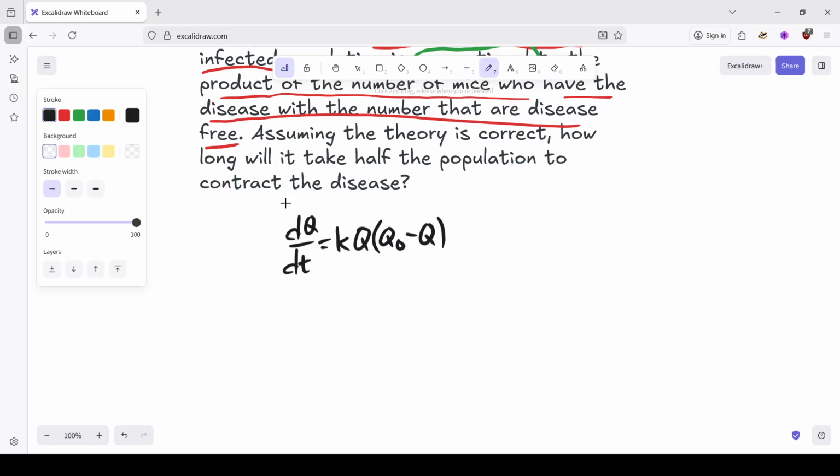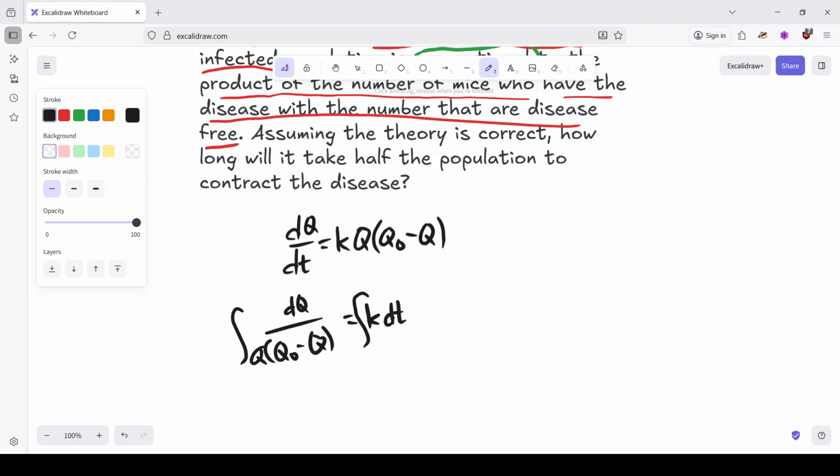So, this is Q, this is Q, this is Q, this is Q. So, we can rearrange this equation with dQ over Q times (Q sub O minus Q) is equals to K dt. Right? So, this is a variable separable equation. Then, looking at this, we can now integrate both sides.